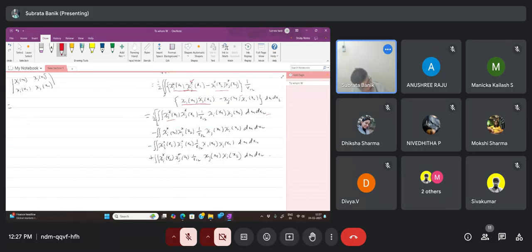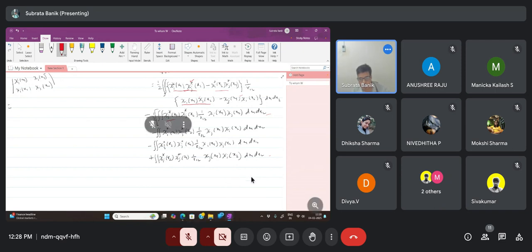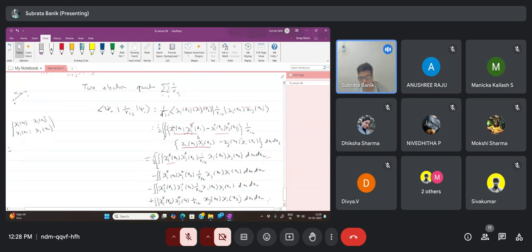Just give me a minute. So this is a two-electron term. I should get 4 terms, so I'm getting 4 terms.